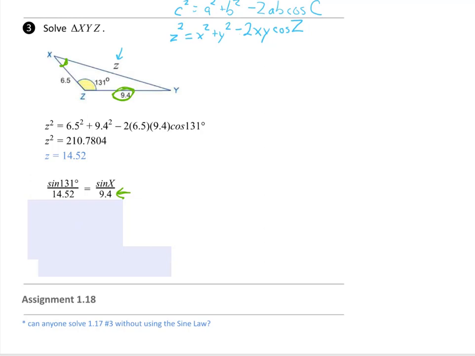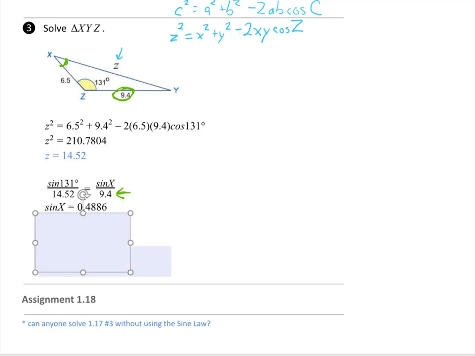If you wrote 6.5, you'd be actually finding angle Y, and that's why this gets so confusing. If you wrote 6.5 and you want to find angle Y this way, you can. At the very end, you should get a very similar answer, but it can change depending on rounding errors. That's why marking for trigonometry is a little bit tricky.